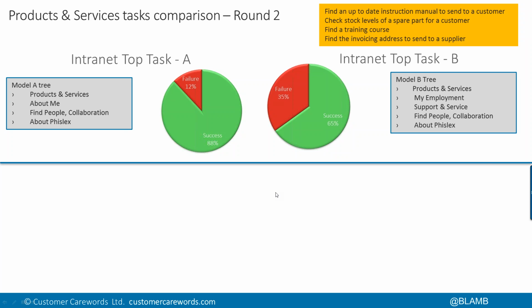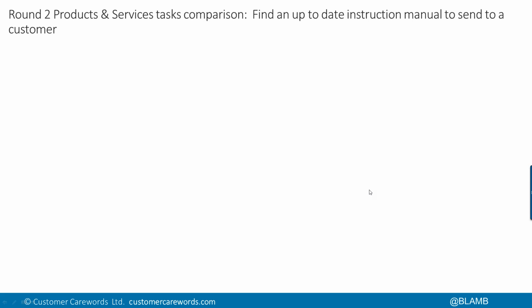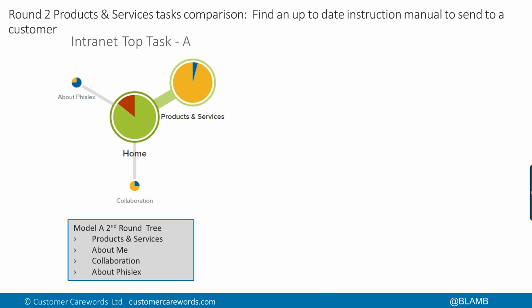Now for the products and services tasks, finding instruction manuals, stock levels, invoicing address to send to a supplier. Again, particularly in model B, we see a big reduction in the failure rate there to bring it right down to 6%. Again, a deeper dive of the round 2 results, looking at that one task, find an up-to-date instruction manual to send to a customer.